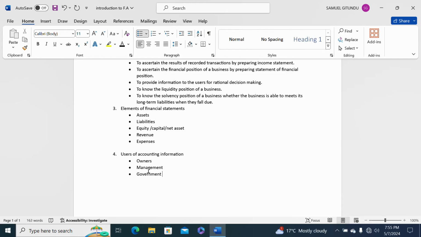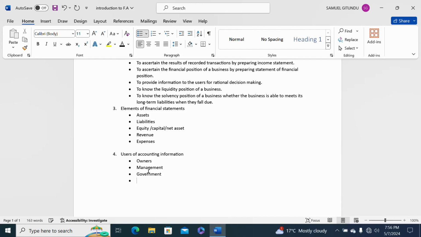The government will require businesses to submit the accounting information each year to know the amount of tax that business is supposed to pay, to determine whether the business has paid enough amount of tax, and to determine the fees that government can charge in acquiring certain business permits. So that is the third user of the financial information.